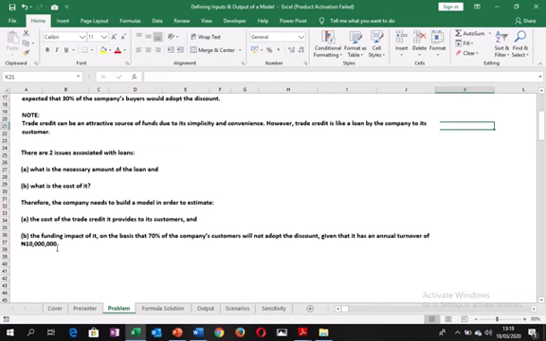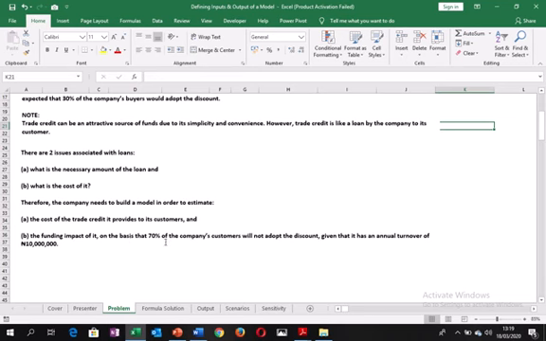to customers? So, in answering these questions, there is a financial problem, questions are asked, and outputs are required. These are the outputs: the cost of the trade credit that the company provides to its customer. That's one output. Another output the company requires is the funding impact of giving out loans to 30% of its customer base.